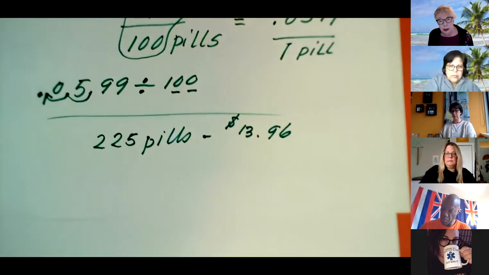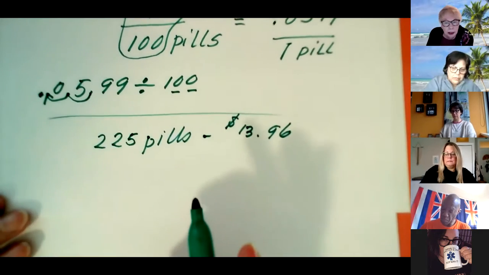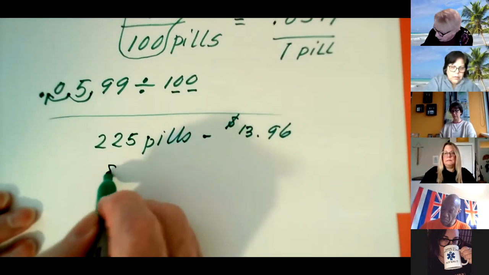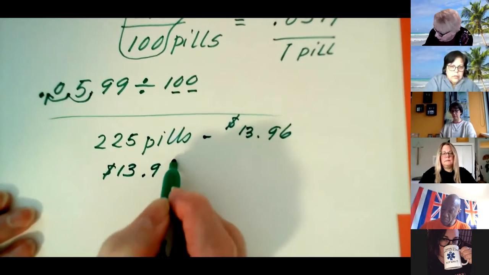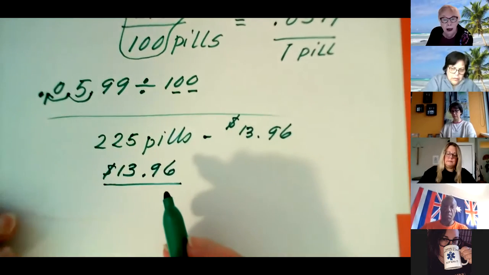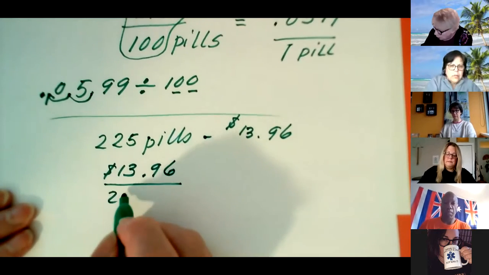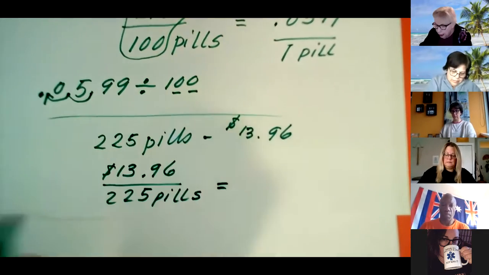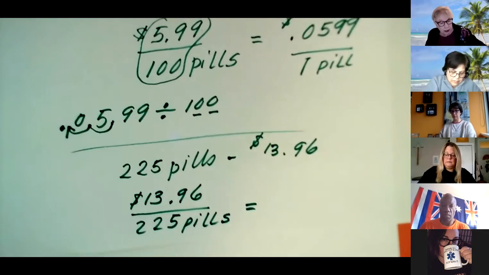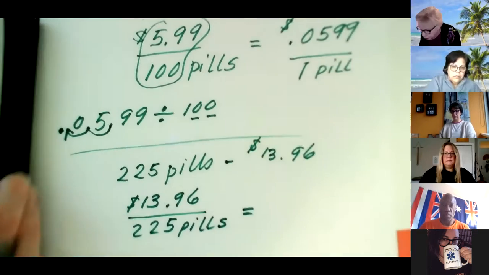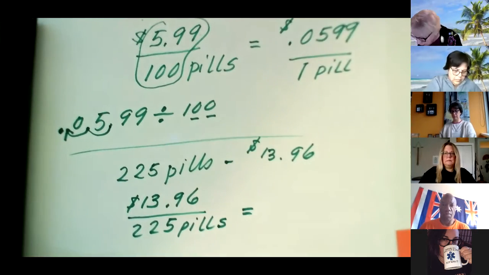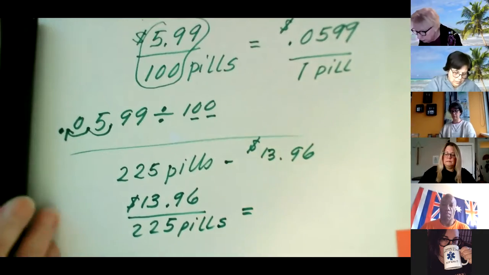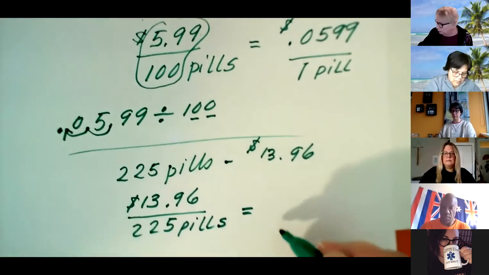So I may cheat and use my calculator because I feel tired, but basically this is $13.96 divided by 225 pills. And in the interest of time, I'm going to find it and just do it. 13.96 divided by 225.